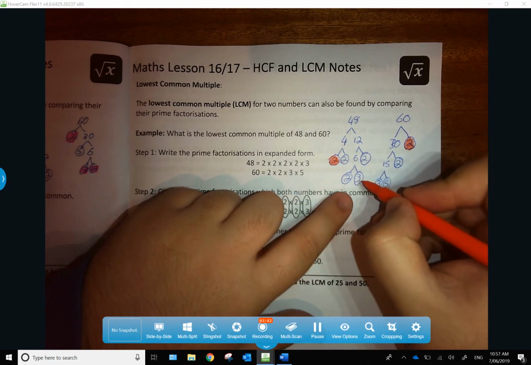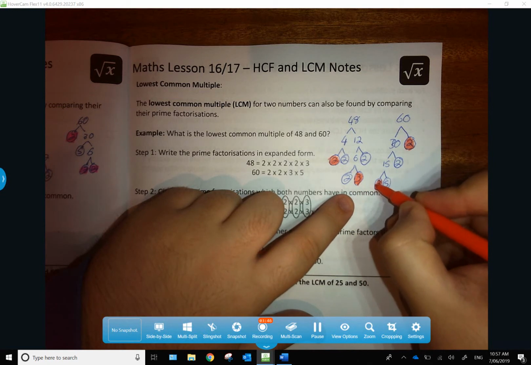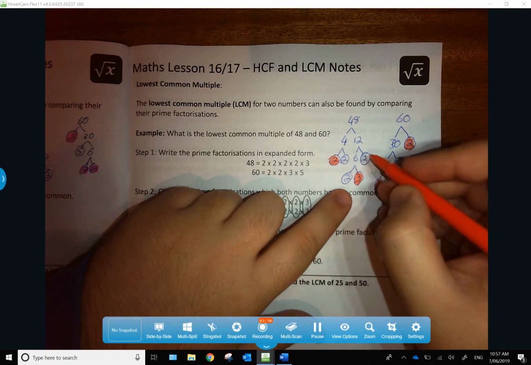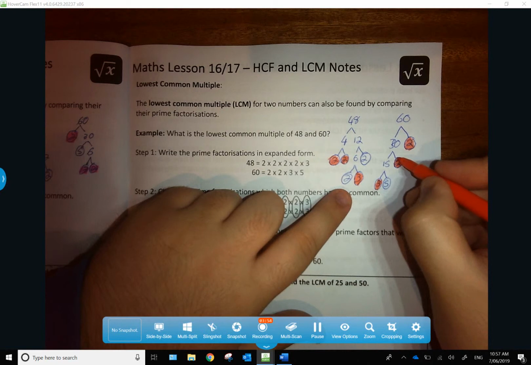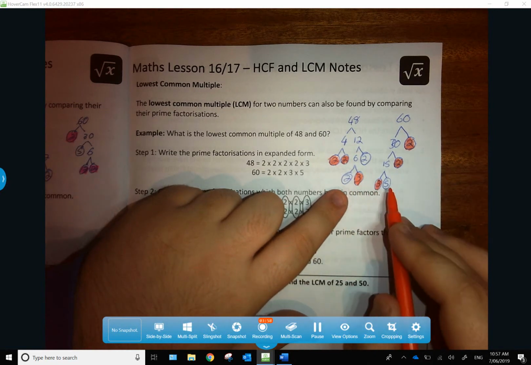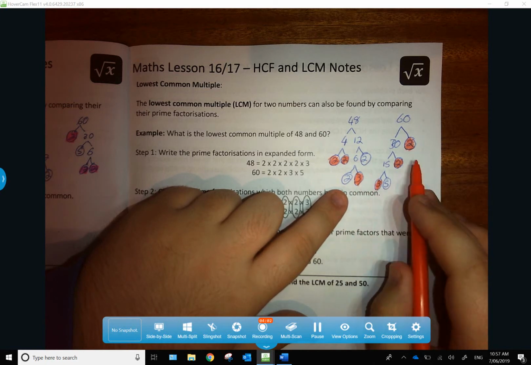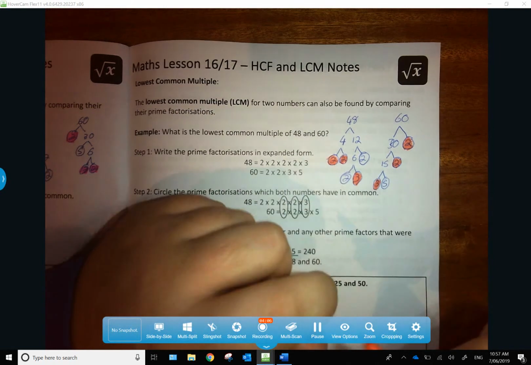There's a 3 in this tree that can also get paired up with that 3. Is there anything else I could pair up? Yes, there's another 2 that I can pair up with this 2. Is there anything more I can do? No. Okay, so these two 2's, there's no friend I could pair them up with anymore. And that 5, there's no friend I could pair it up with.